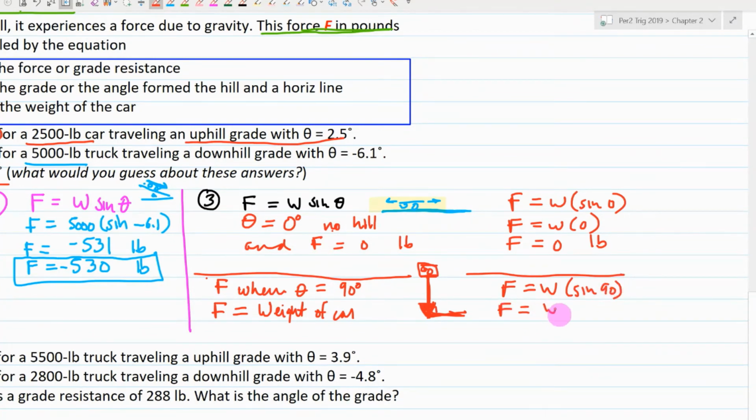Sine of 90 is 1. So the force is equal to the weight of the car. And again, that makes sense because gravity would be all of this force. Okay, and in this case, there would be gravity and it wouldn't be applying any force because there's no hill.